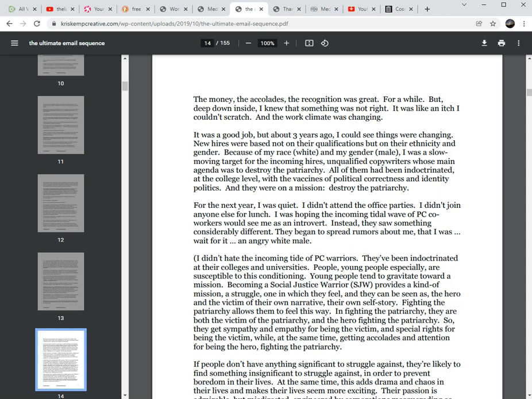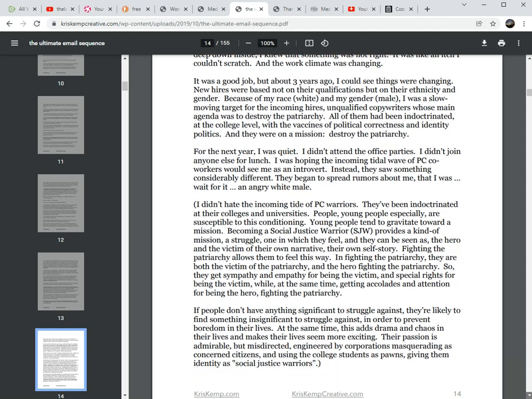Fighting the patriarchy allows them to feel this way. In fighting the patriarchy, they are both the victim of the patriarchy and the hero fighting the patriarchy. So they get sympathy and empathy for being the victim, and special rights for being the victim, while at the same time getting accolades and attention for being the hero fighting the patriarchy.